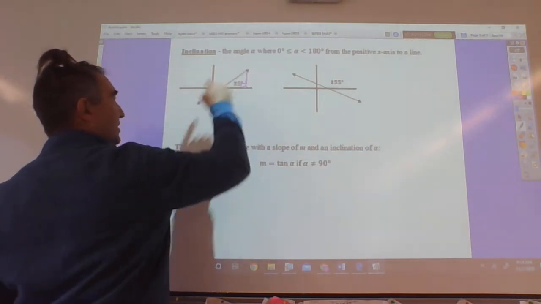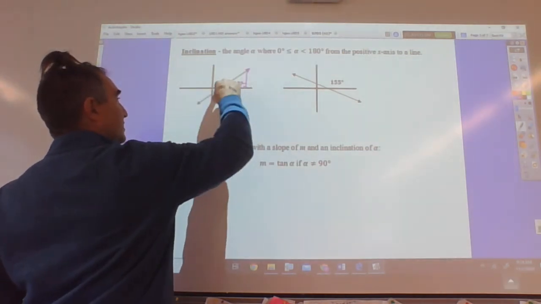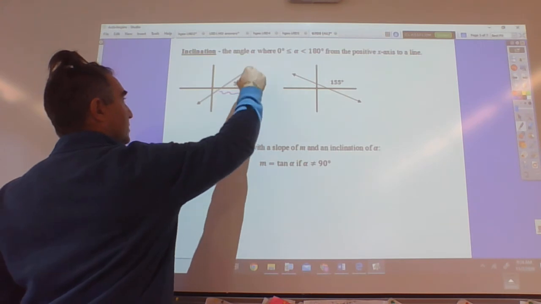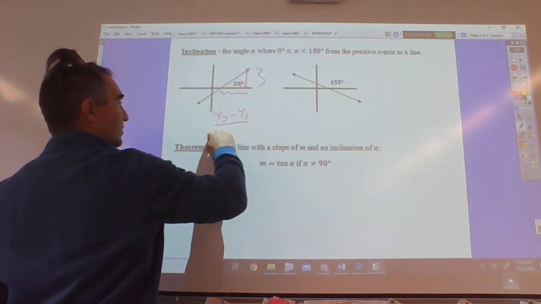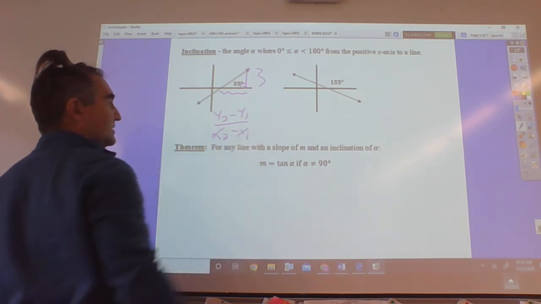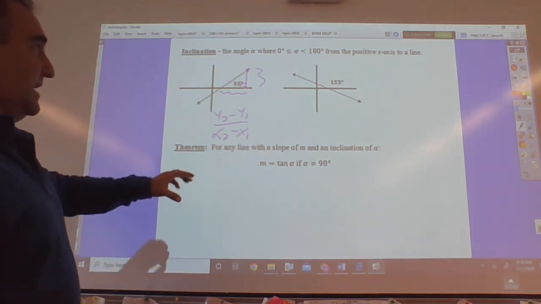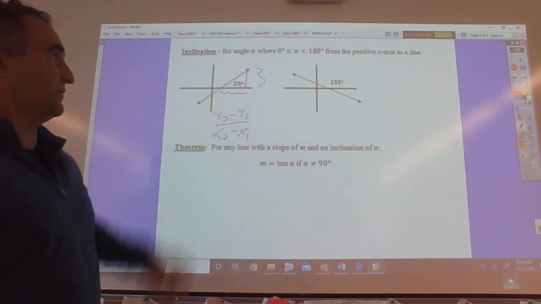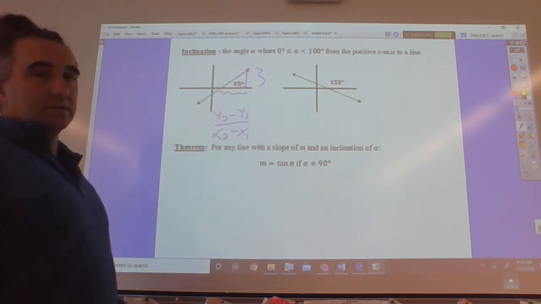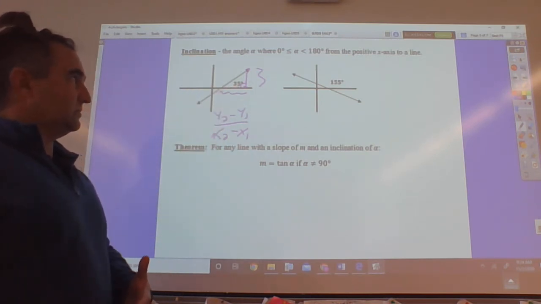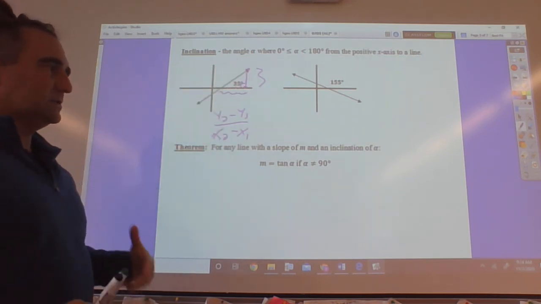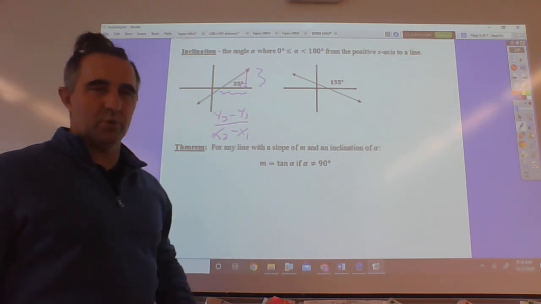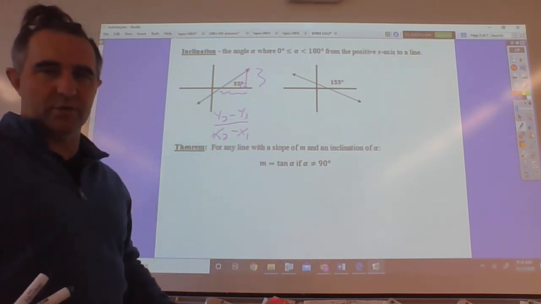And the slope of that line, you could use the slope formula, y2 minus y1 over x2 minus x1. And so what is that going to give you? The difference in the y's, the difference in the x's? It's going to give you the same as the tangent would be. The length of that over the length of that. So they are the same thing. That's why this works. If you're like, whoa, whoa, whoa, too fast, I don't get that.